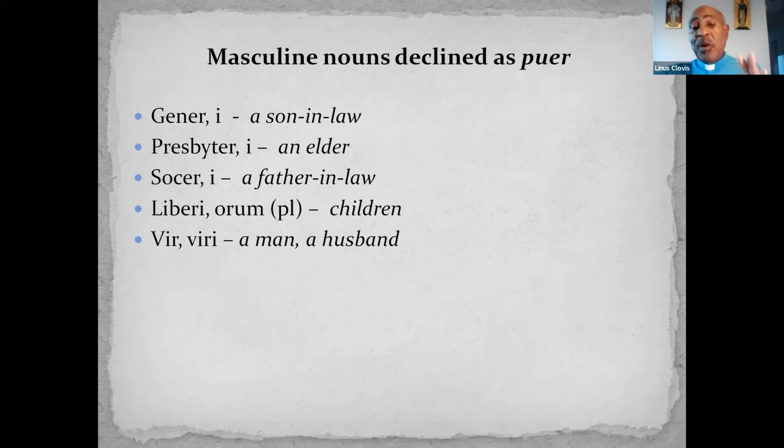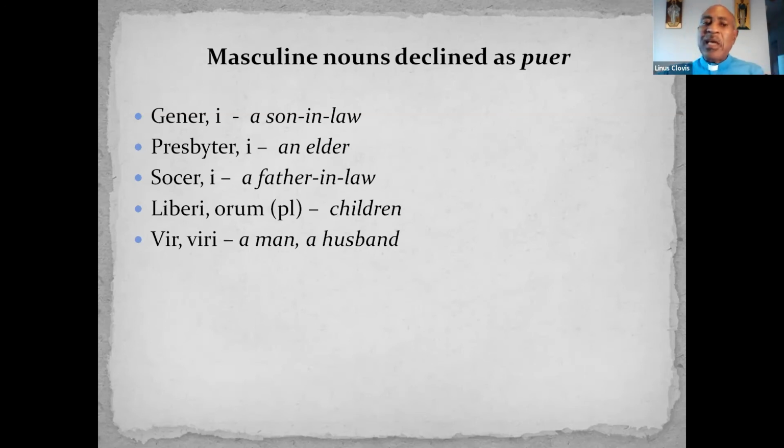Homo, hominis means the human race. So if you're speaking about the whole human race, you use homo, hominis. But if you're speaking about an individual man, you use vir. So, for instance, when it says in the creed, et homo factus est, it is not that Christ became an individual man in that sense.